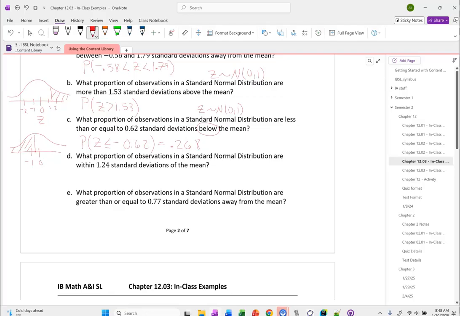What portion of observations in a standard normal distribution are within 1.24 standard deviations of the mean? How do I write that probability statement? Aaron? It needs to be greater than or equal to negative 1.24 and less than or equal to 1.24.